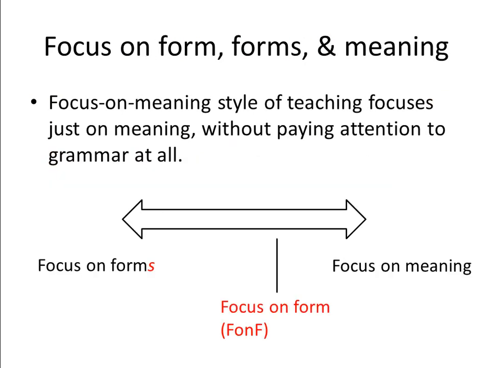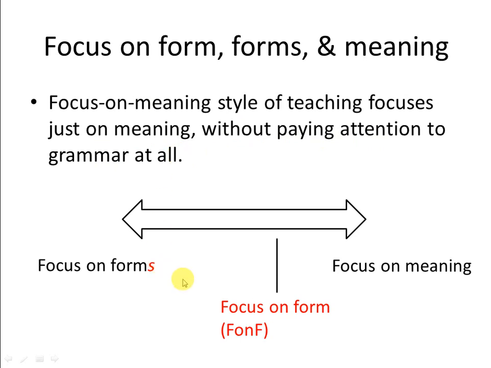And we have a third type. When we say focus on meaning, it means that the focus is always on meaning. So focus on meaning style of teaching focuses just on meaning without paying attention to grammar or form at all.